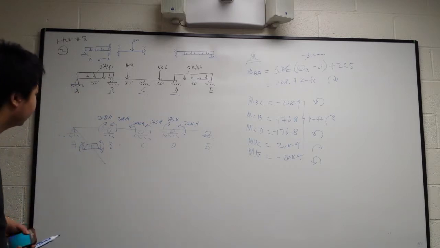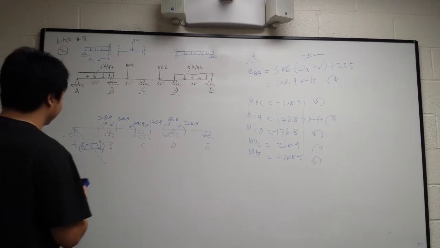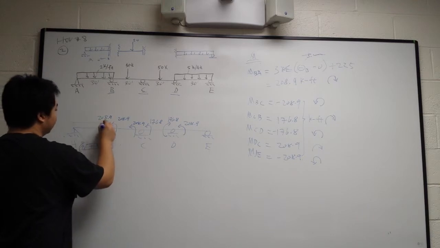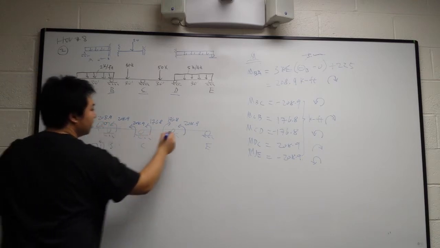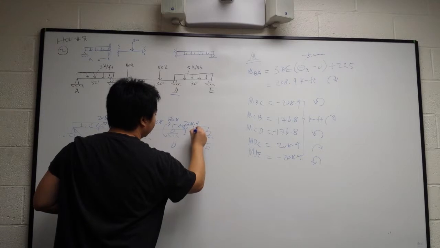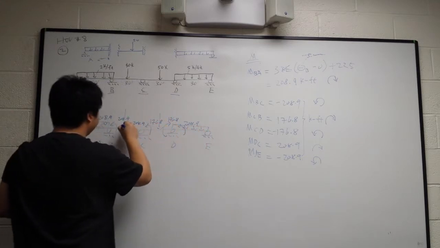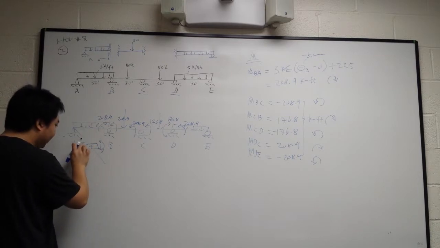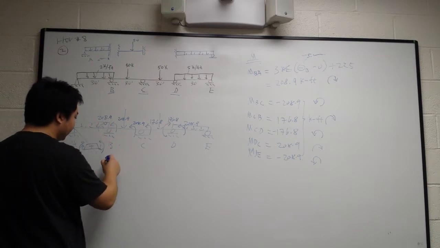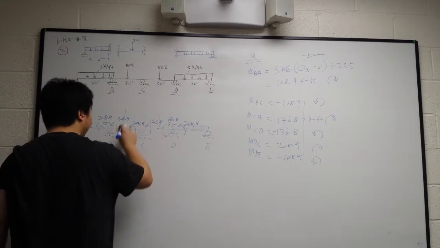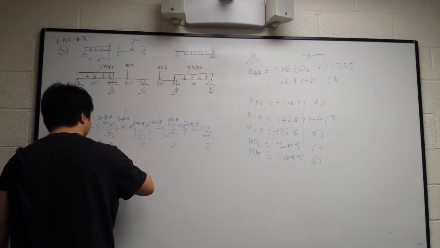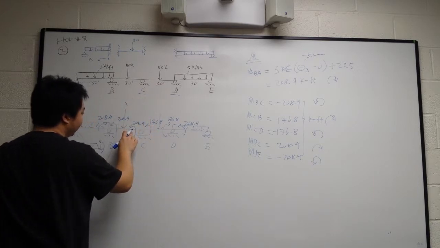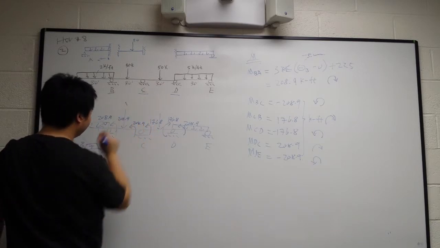It's impossible to draw the moment diagram like this, because you have a point load, you have a distributed load, a distributed load, a point load, a point load. So this is positive, this is negative. That's why you go down here, and this is going to bring it up, and you have a point load. So it's going to be something like this. Then go down again because this one's negative. Oh, it's positive.